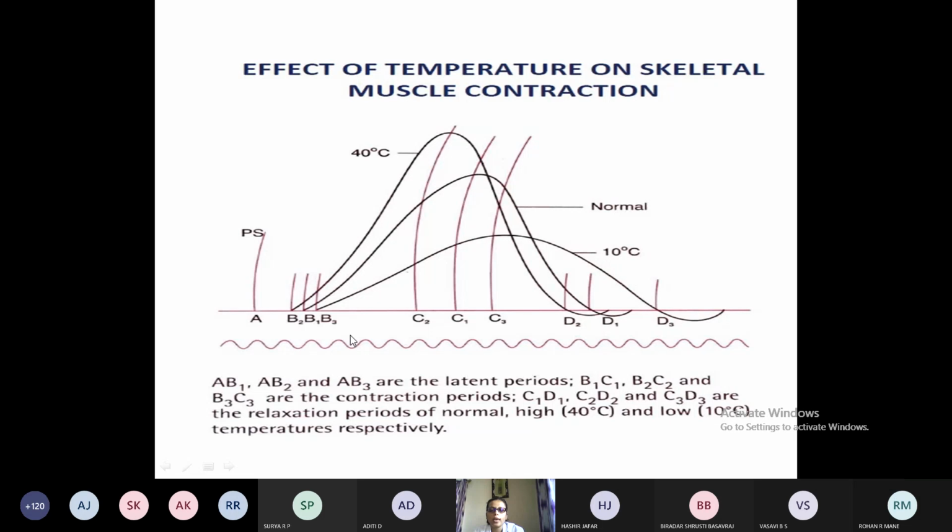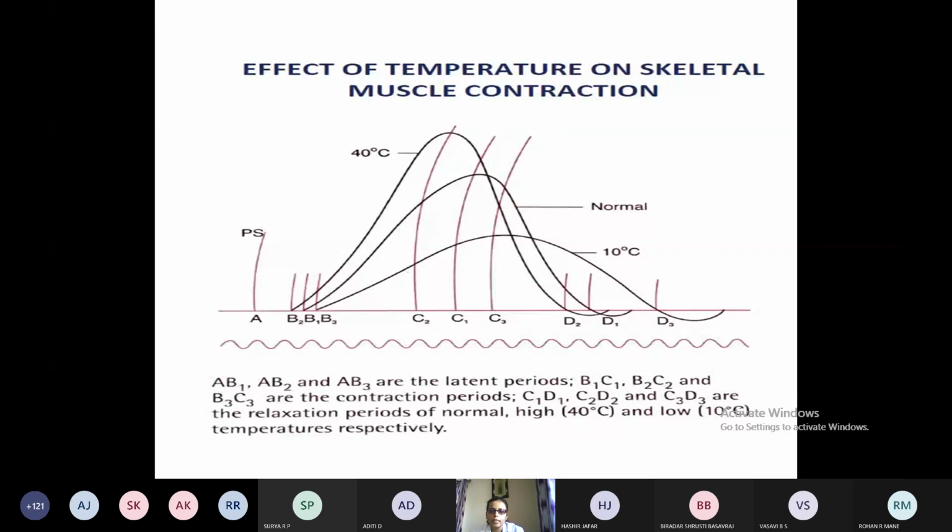Here you may have a question: why have we taken the high temperature first and later the cold temperature? Because if we use the cold temperature first, it will inactivate all the muscle proteins and the substances required for muscle contraction.